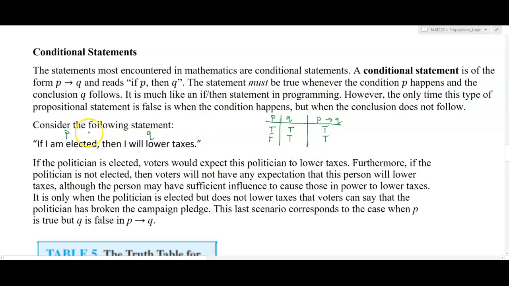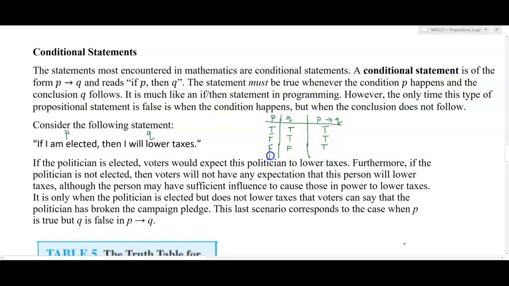It doesn't say, I will only lower taxes if I am elected. It just says, okay, I promise you that if you elect me, I will lower taxes. But there's nothing stopping that person from lowering taxes anyway. And now if, let's say the politician isn't elected and he doesn't lower taxes, he still told the truth because he didn't guarantee he would lower taxes. He didn't say anything about lowering taxes if he wasn't elected. So we just say that statement is true.